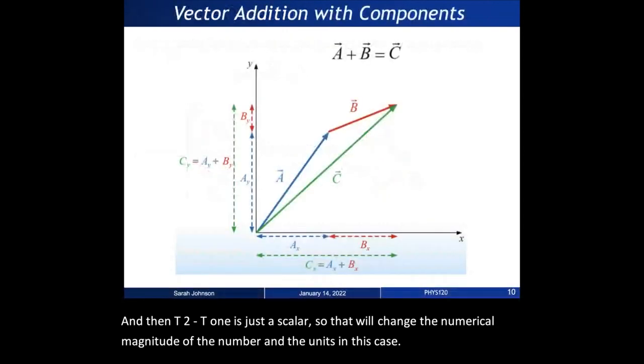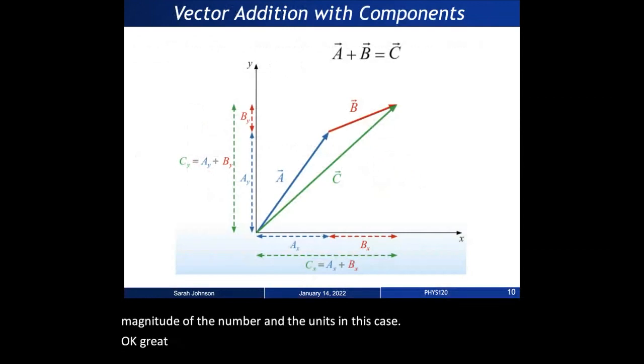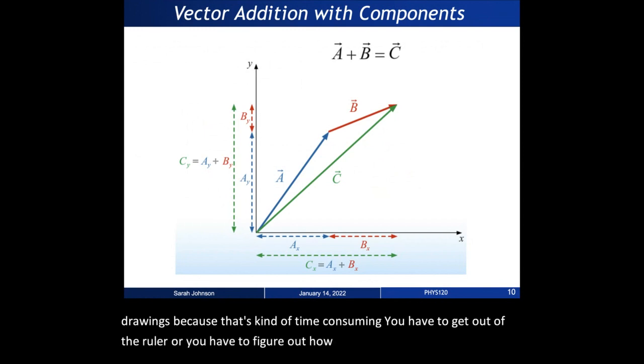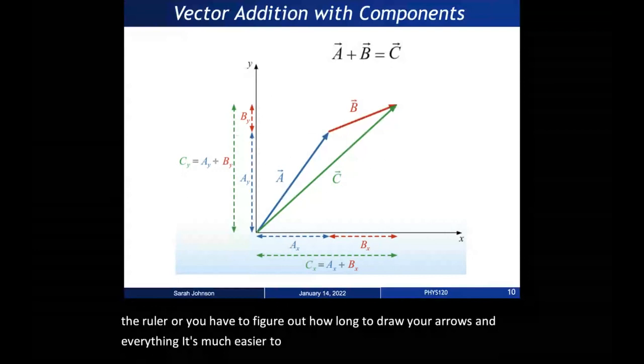Okay, great. Most of the time you won't be drawing tip-to-tail vector drawings, because that's time consuming. You have to get out a ruler and figure out how long to draw your arrows. It's much easier to add vectors using components.